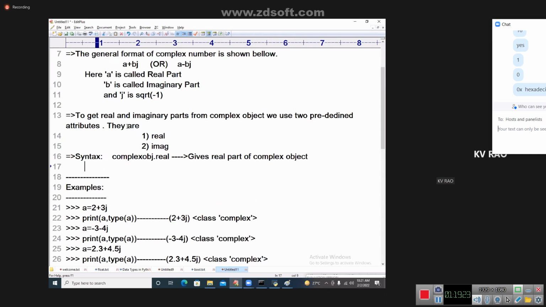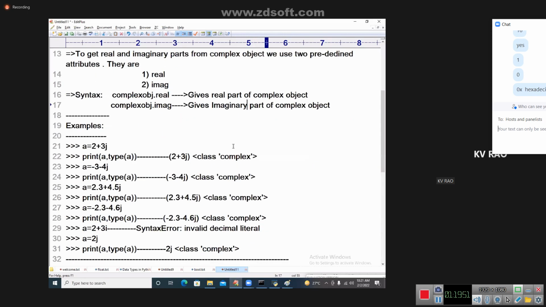Complex object dot imag gives the imaginary part of the complex object.